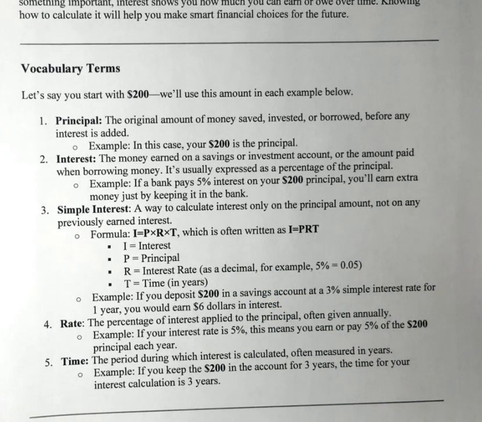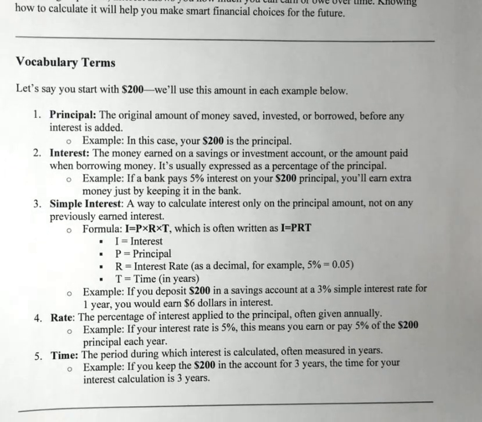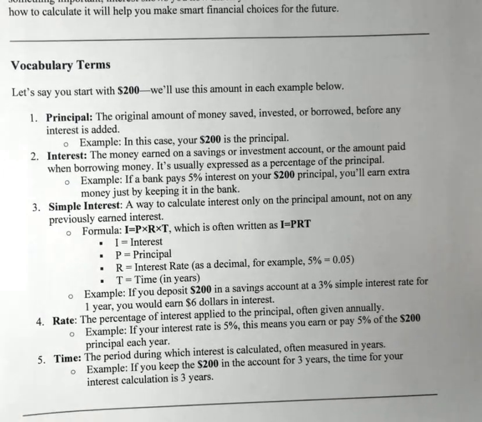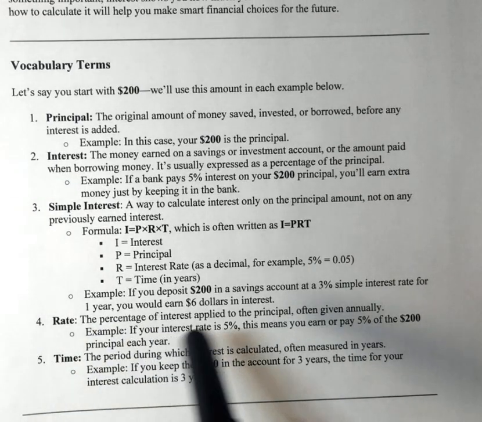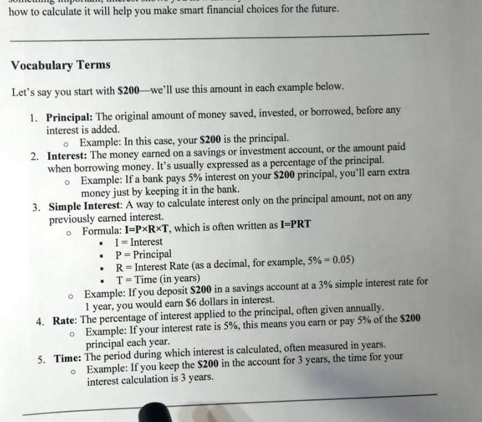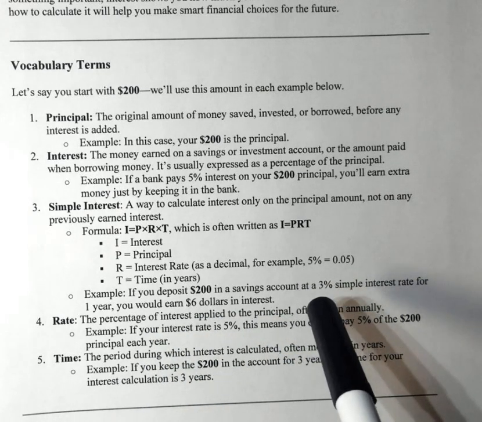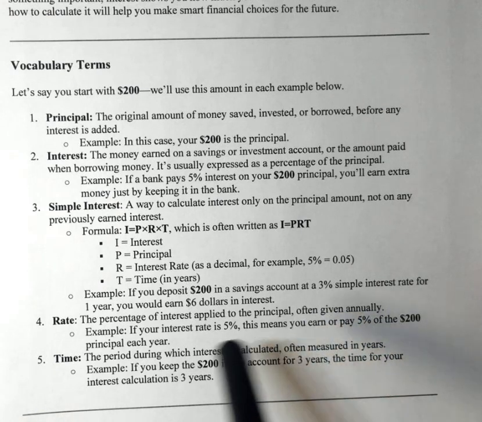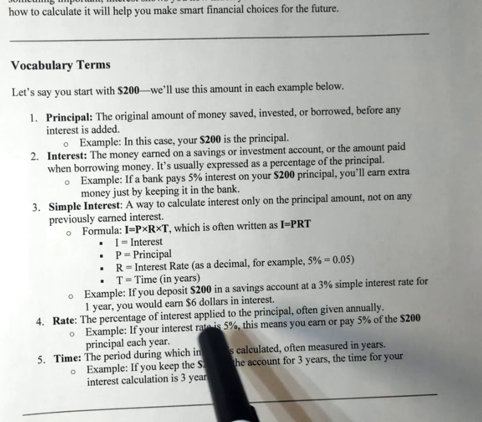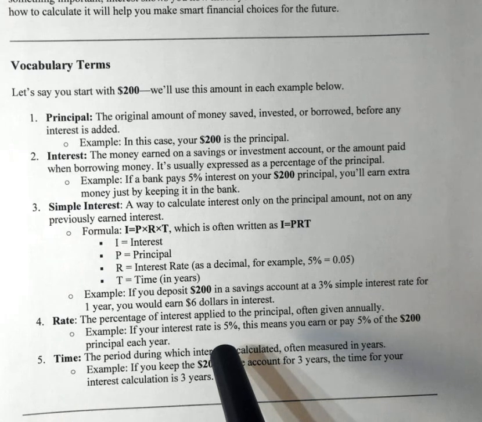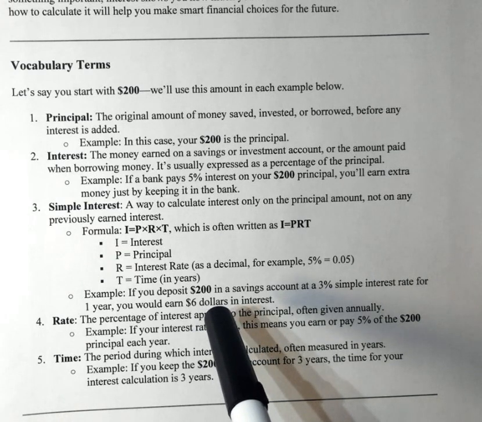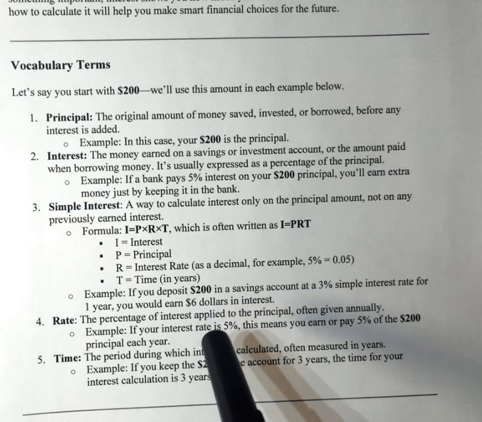So this example just says that if you put the $200 into a savings account, they're willing to pay you 3% simple interest. In 1 year, you will earn $6. So if you went to pull all of that money out of the bank the next year, you wouldn't pull out $200. You'd actually have $206 in the bank account.